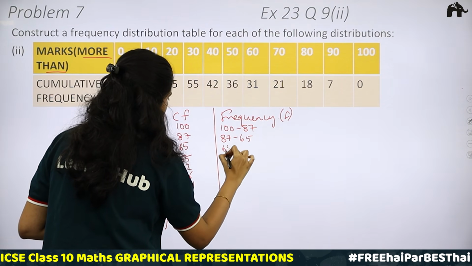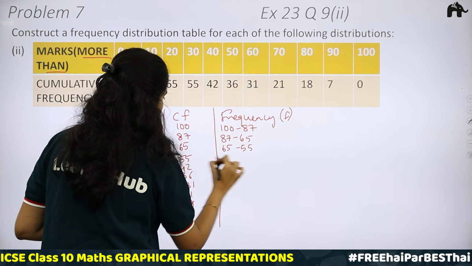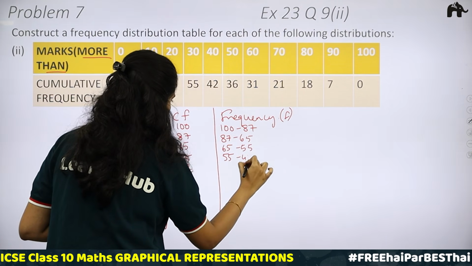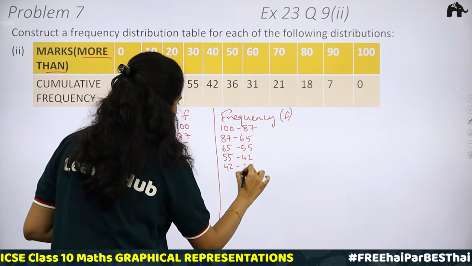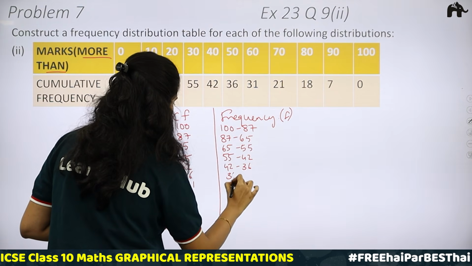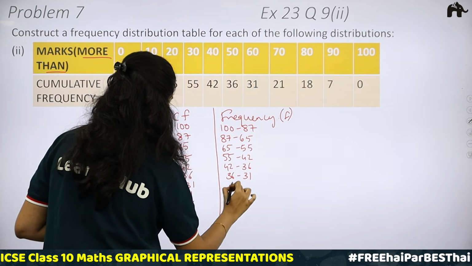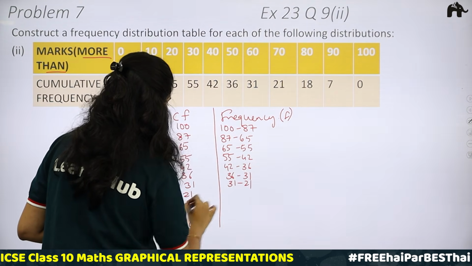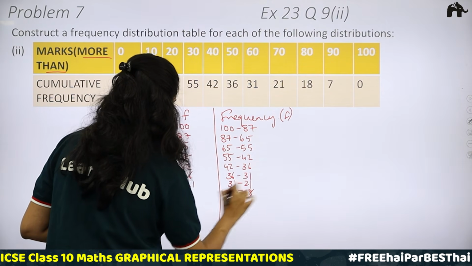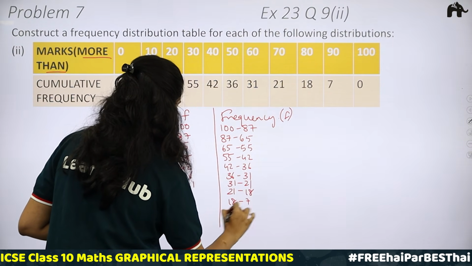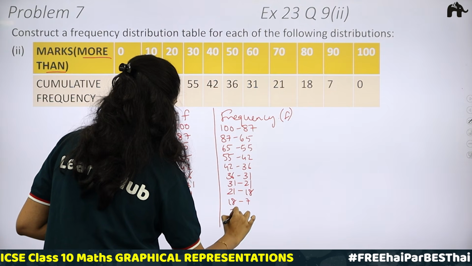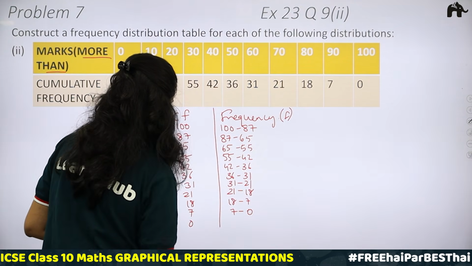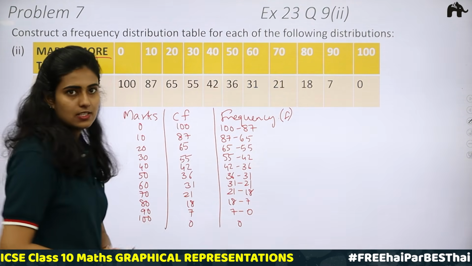Next is 65 minus 55. 55 minus 42. 42 minus 36. 36 minus 31. 31 minus 21. 21 minus 18. 18 minus 7. 7 minus 0. And here anyway it will be 0.